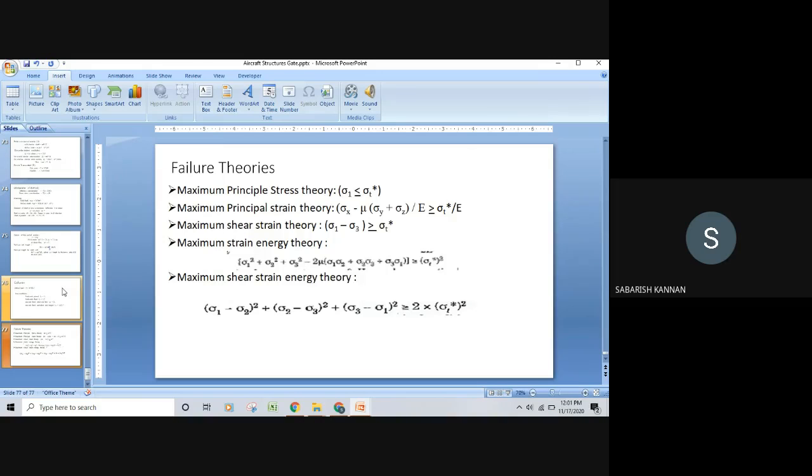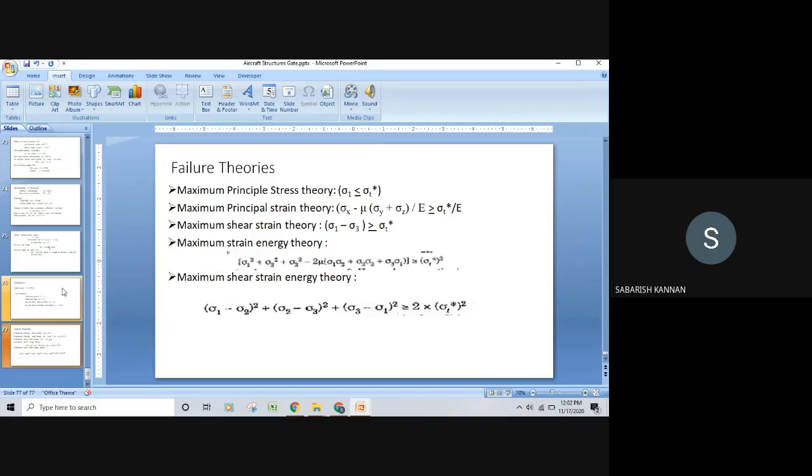Here I'll give when the failure will occur, with sigma 1, sigma 2 as principal stresses, and sigma T star is the tensile elastic limit. So that's why I give these five conditions.